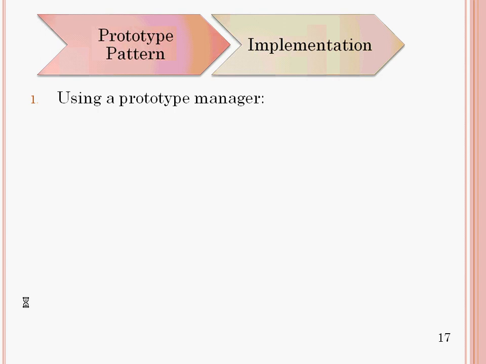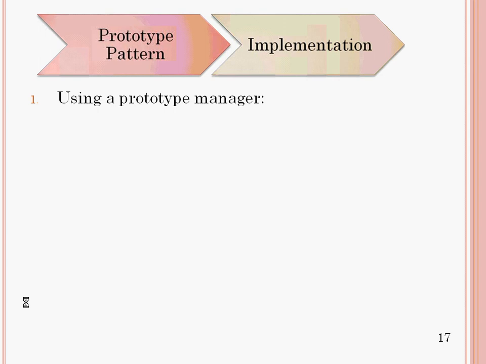As and when you create a prototype, you just inform the manager that this is a prototype of this type, this value. So whenever a client wants to create a clone, it will pass the key, find the corresponding prototype from the prototype manager, and call clone. So this is one kind of implementation.